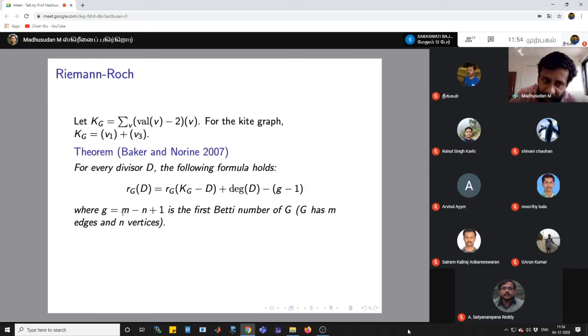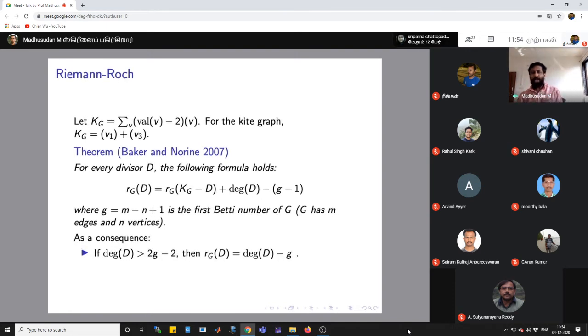It's simply the number of edges minus the number of vertices plus 1. So it's measuring the number of cycles in the graph essentially. Cycles form a vector space and it's the dimension of that vector space. So trees will have genus 0, cycles will have genus 1, and if you take two cycles and glue them along an edge, the genus will be 2, and so on.